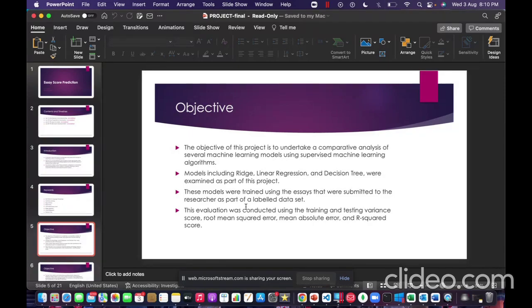The evaluation was conducted using the training and testing variance score, root mean squared error, mean absolute error, and R squared score. So today we are going to see all these three: ridge, linear regression and decision tree. We use a dataset consisting of so many essays. We train with the dataset, and after that we find the values of variance score, root mean square error, mean absolute error, and R square score. After that, we are going to compare all these three models.